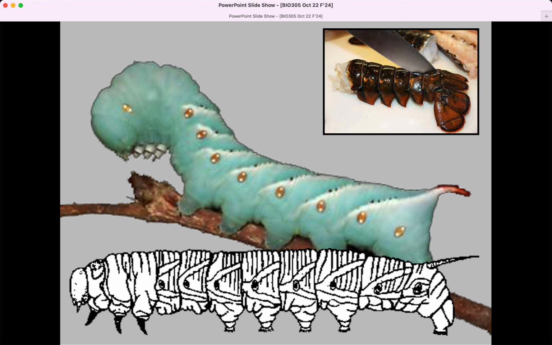And each segment in all those different animals has cells in it. And the cells are organized into two populations very early in development. And those two populations work as a team to define an invisible boundary called a compartment boundary. And that's sort of the keystone, the reference landmark for development to proceed.